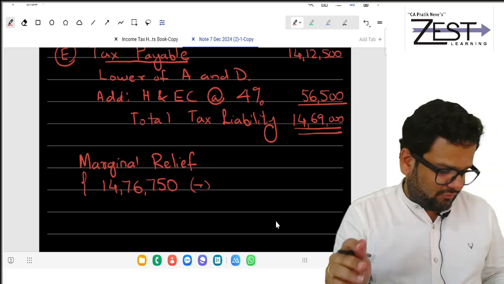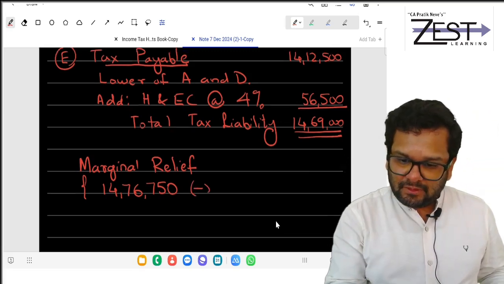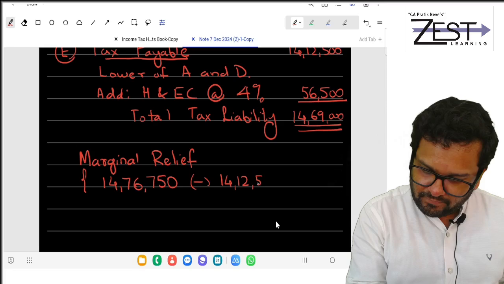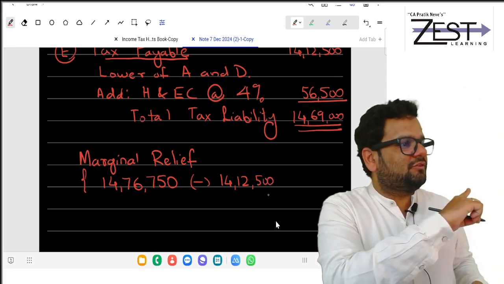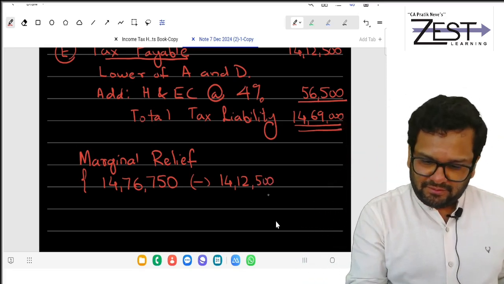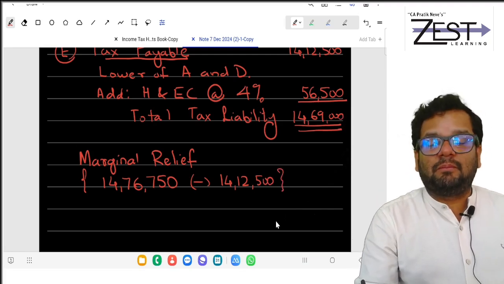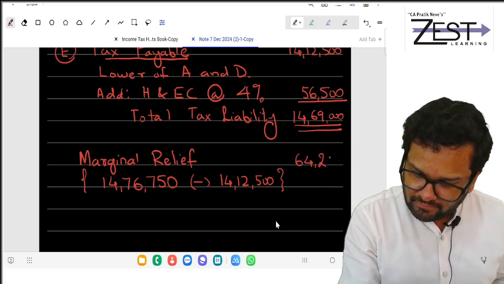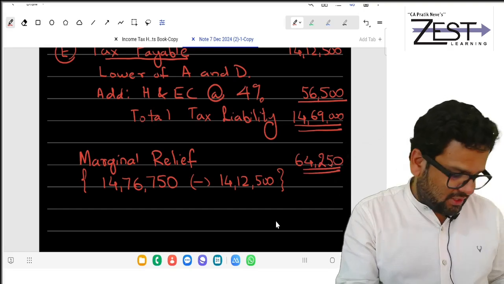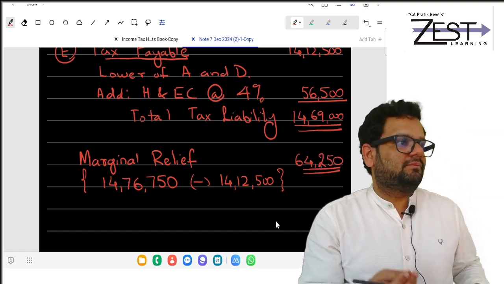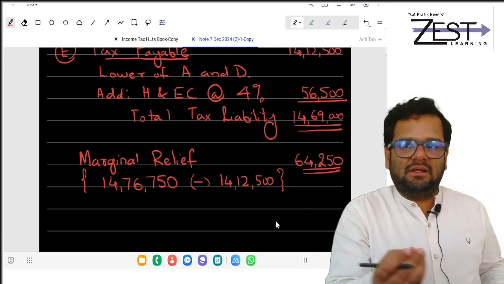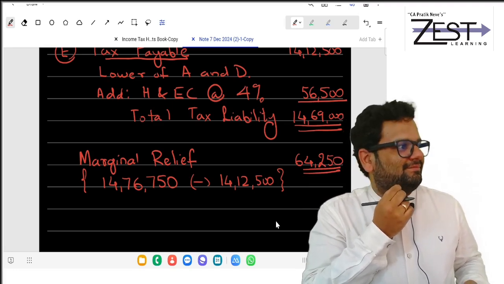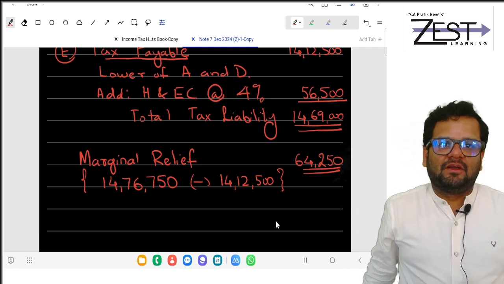But thanks to relief, you are paying 14 lakh 12,500. Before cess, because 14 lakh 76,750 is before cess. Yes. So can you tell me what is marginal relief? 64,250. This much you are saving thanks to this provision of marginal relief. Getting it? What is marginal relief?